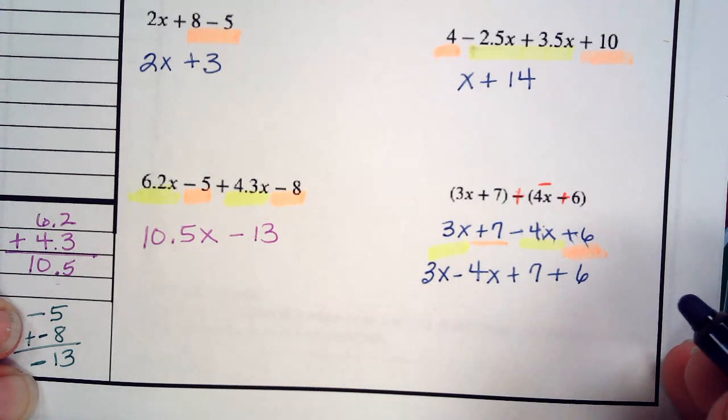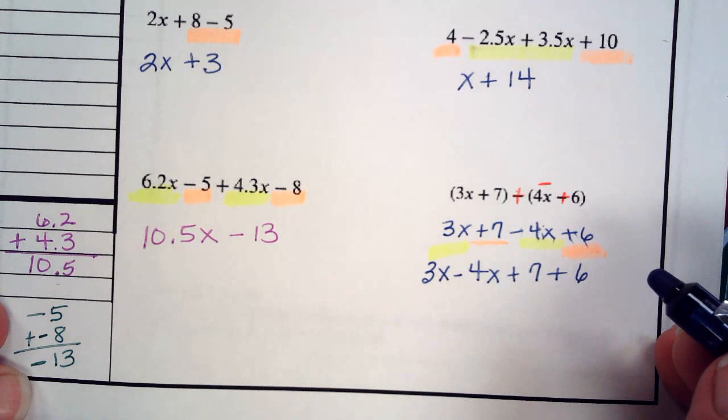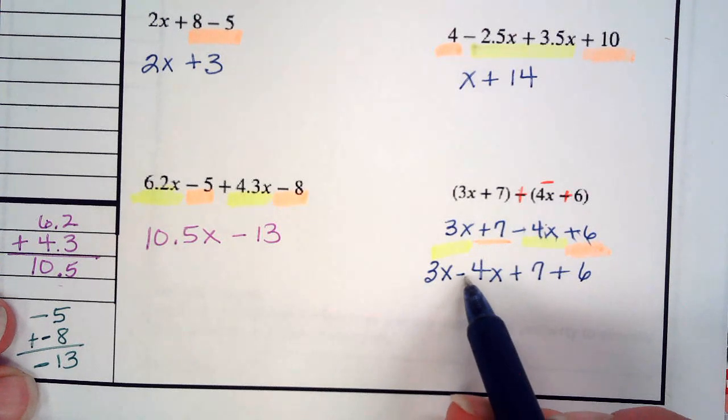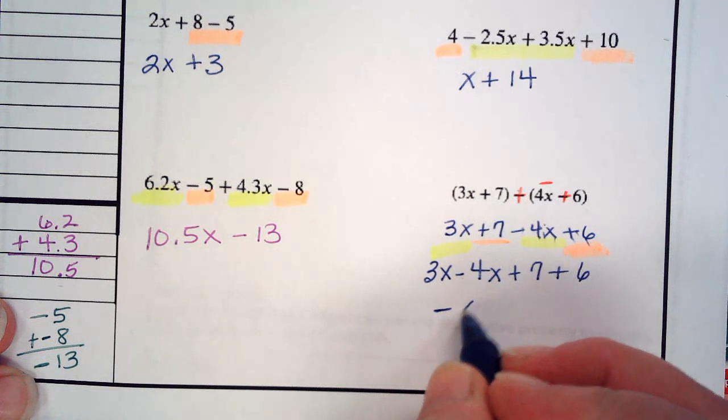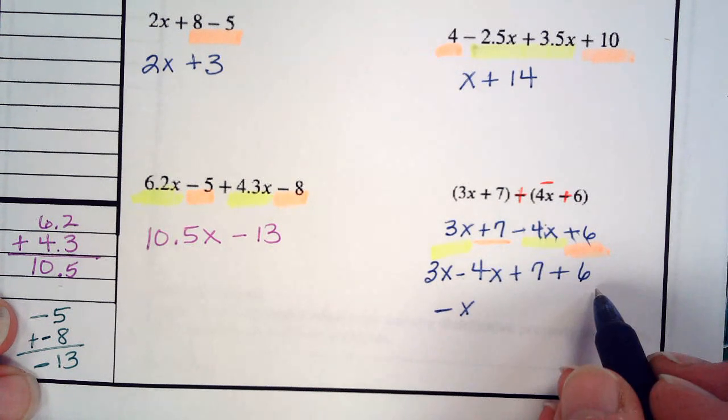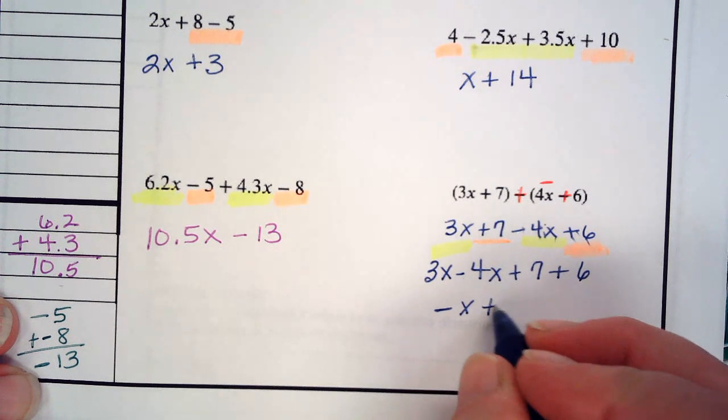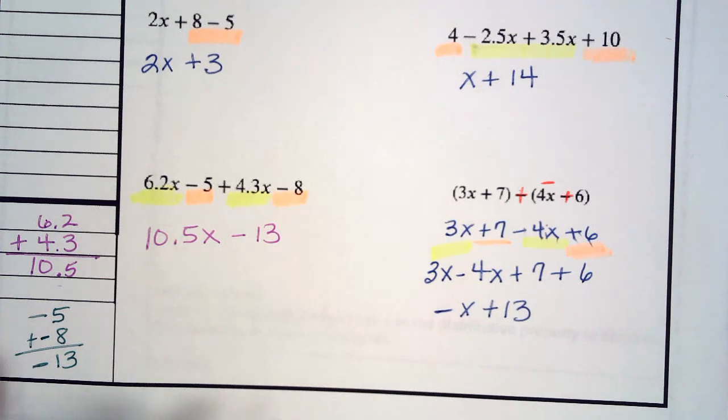They're opposite signs, so I subtract. 4 minus 3 is 1. I keep the sign of the larger, so it's going to be a negative x. I don't need the 1. Negative x. 7 plus 6 is 13, plus 13, and we're done.